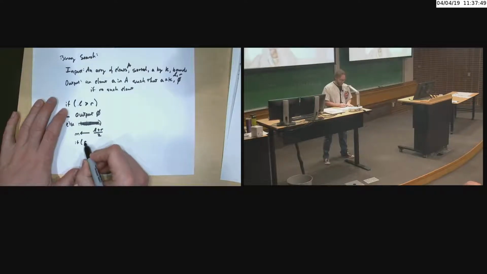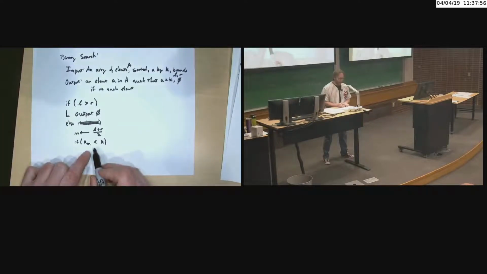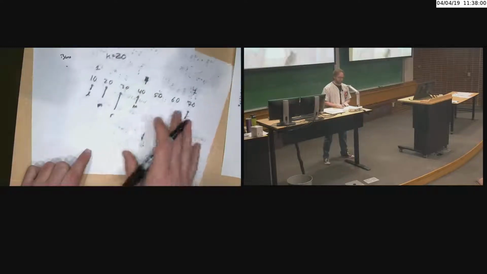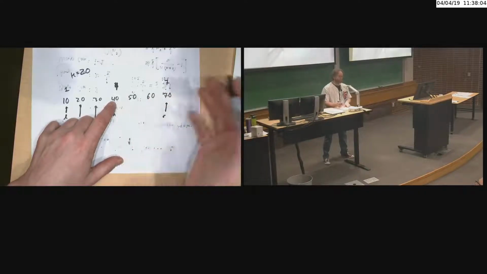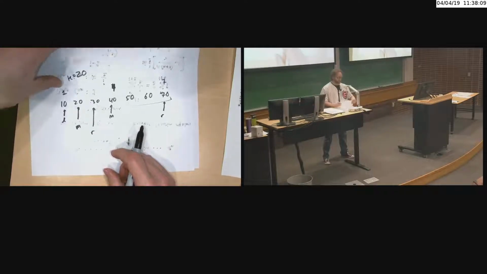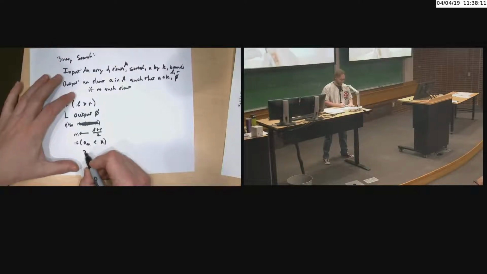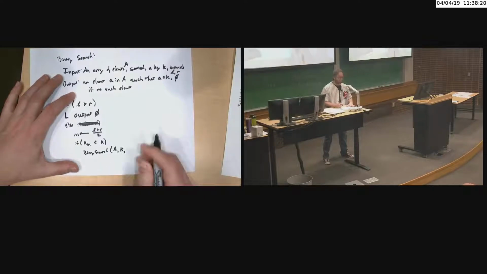If a sub m, the thing sitting in the middle, is less than the key element, then that means that the key element, if it exists, where does it exist? So a sub m, 40, is less than, say, 60. That means that it exists over here. So I need to make a recursive call to binary search, passing in the array, the key, but now I need new bounds.